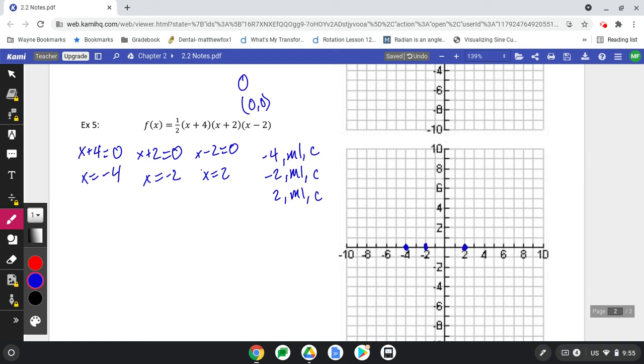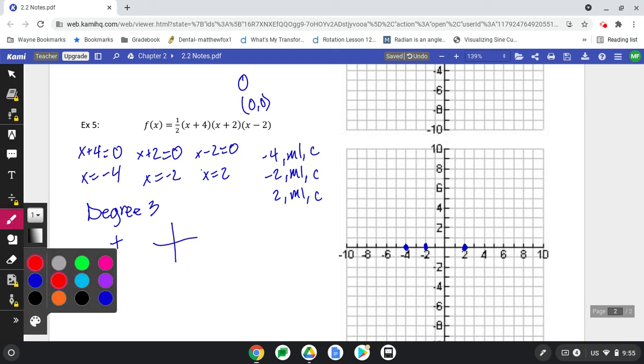And we will need to find our y-intercept. Our degree is 3, and once again, all the leading coefficients are positive. So we know it stays positive, which means it will start low and end high.